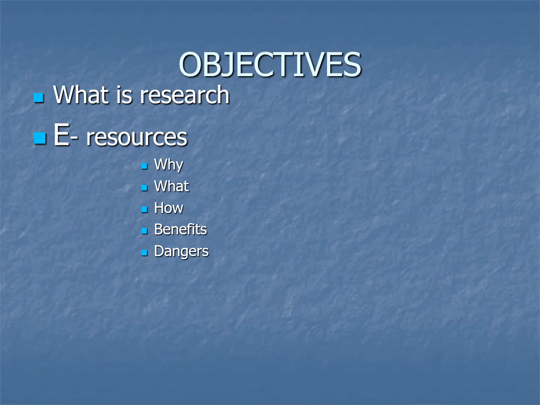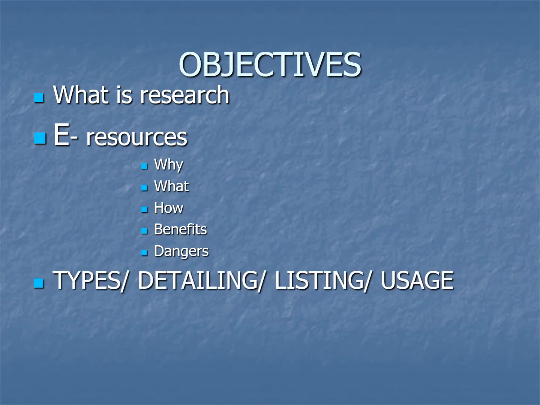Why, what, how, what are the benefits, and is there any danger that e-resources pose for the academic community? In the second and third part, I'll also provide types of e-resources, detailing, listing, usage, and take up all kinds of questions related with e-resources.